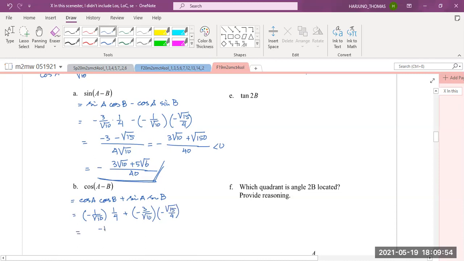That's negative 1 plus 3 square root of 15 over 4 square root of 10. Now, this is clearly positive, right? If I rationalize the denominator, that will be 40 here, multiplied by square root of 10 over square root of 10. Okay, this is clearly positive.